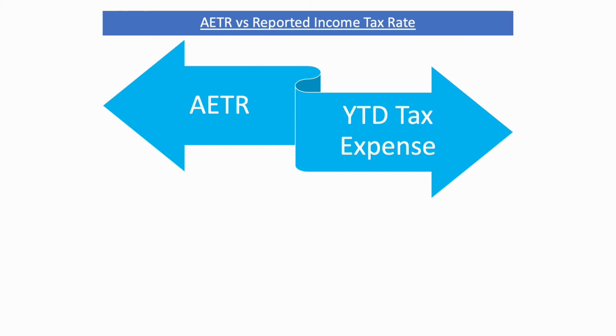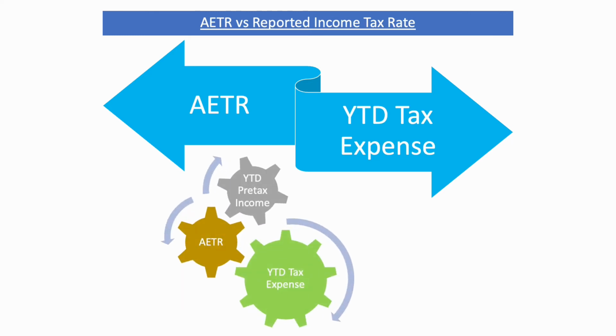So moving on to the AETR and the reported income tax rate. As you can see in this figure, AETR and YTD tax expense are like opposite pillars. You calculate the AETR, and your YTD tax expense is based on the AETR that you have calculated, when you multiply your AETR with the YTD pre-tax income actuals.